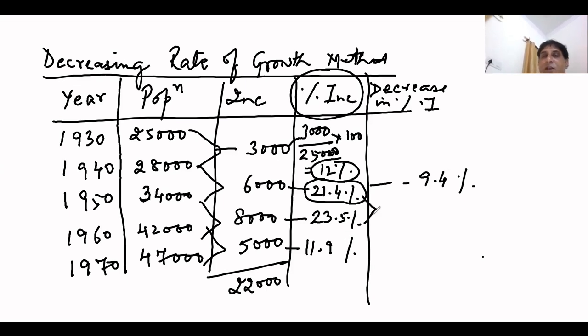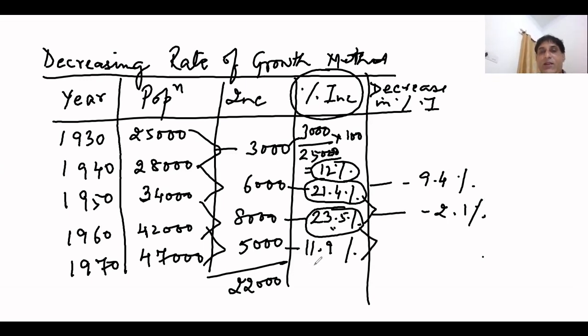Now, when you take this, this is lesser than this value. How much less? It is minus 2.1%, right? What about this? This is more than this value. How much more? It is 11.6% plus.